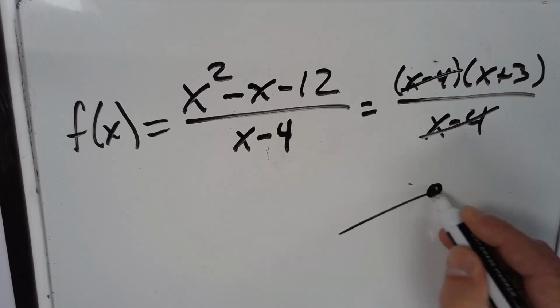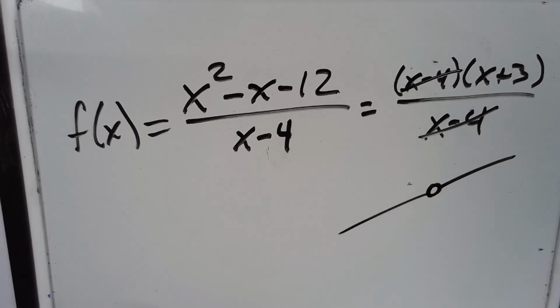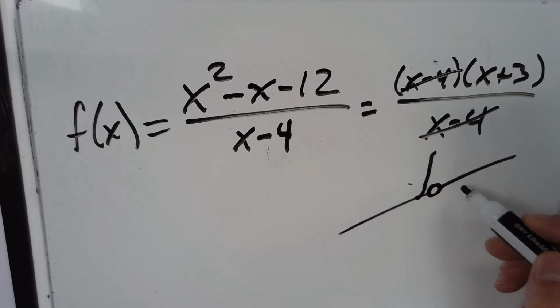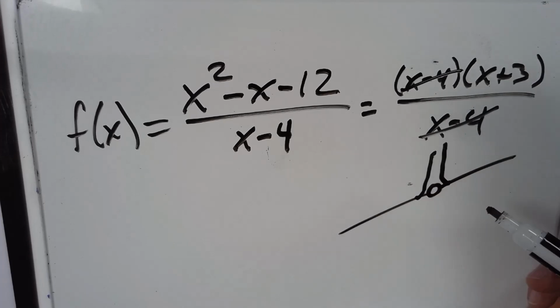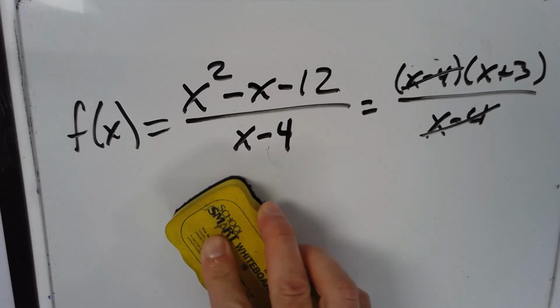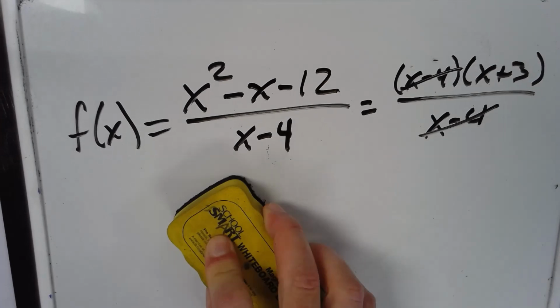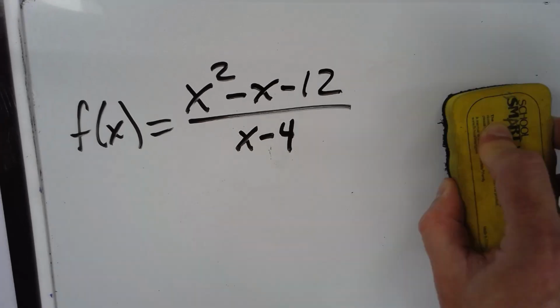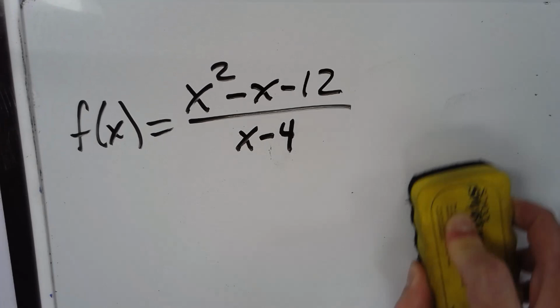So just be careful, okay? If you're asked for a vertical asymptote and you say this one is at 4, then you're actually wrong, because that would look like something like this. If it was a polynomial in the denominator, it could be more than 1. If you had some cubic, you'd have potentially 3. That's a generalization, not always true, because you could have a double one and all that kind of stuff. But for the most part, yes.